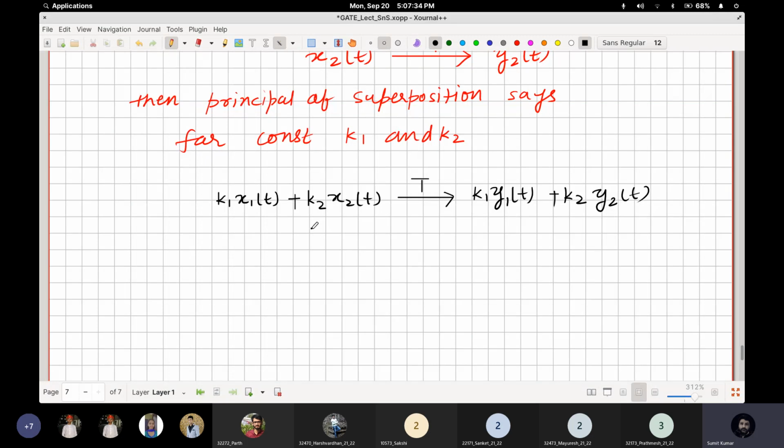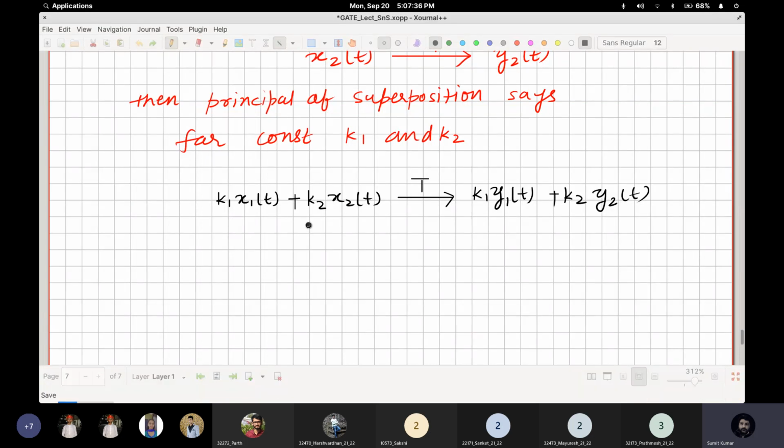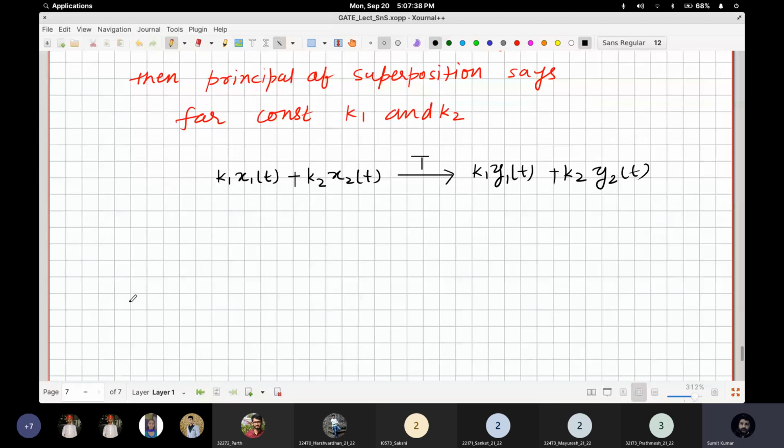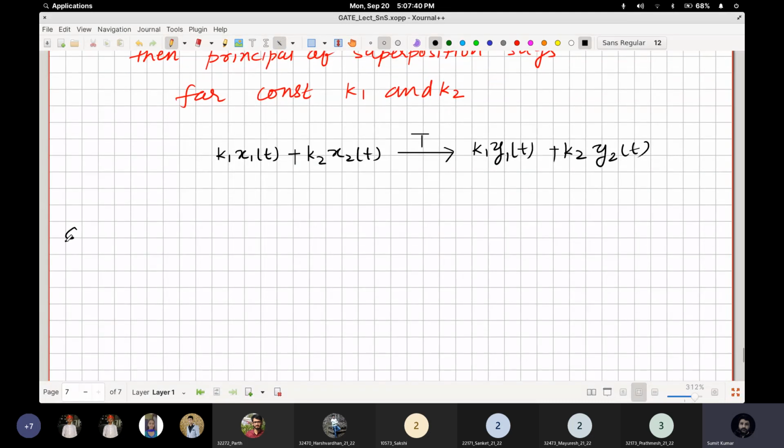So let's start with some of the very simplest problems, and then we will move on from there. The very first example that I am going to take is a very ordinary system where output is directly equal to your input only, y(t) = x(t). Tell me whether this system is linear or not.